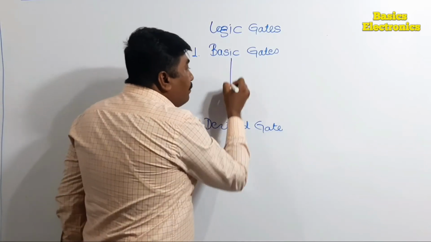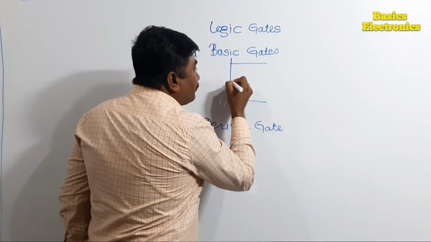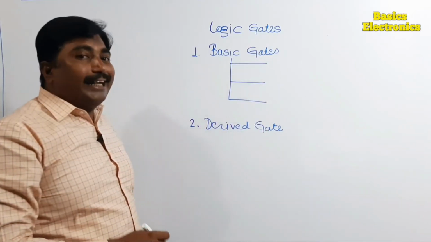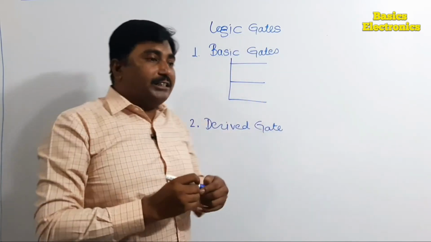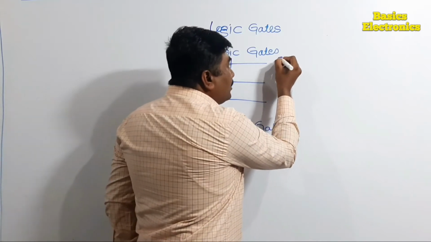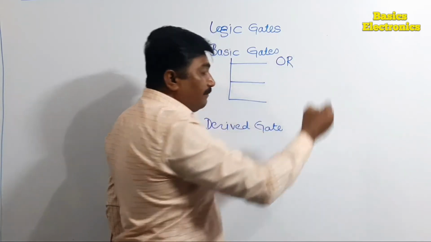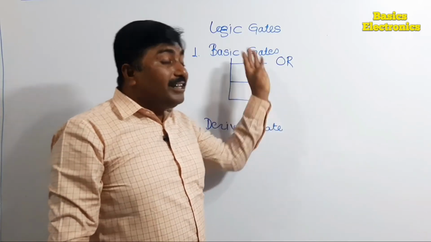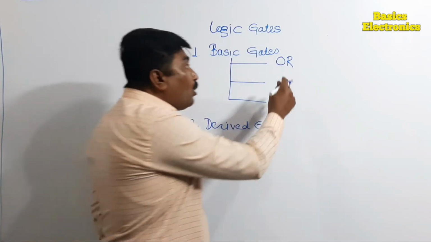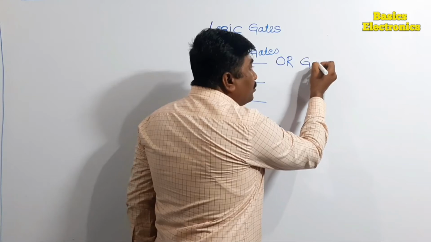So three basic gates are there, which we use to implement these three basic functions. The first function is the OR function. For the implementation of the OR function, we require to use the gate.